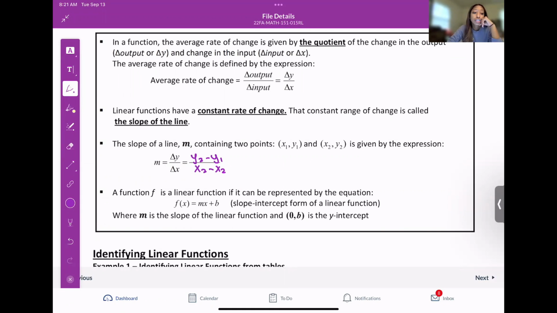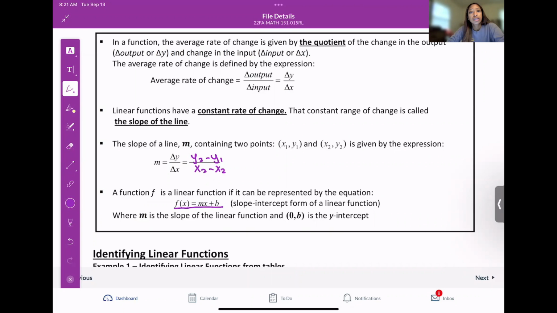All right, a function f is a linear function if it can be represented by the equation f of x equals mx plus b, or y equals mx plus b, or we're using function notation, so we say f of x. This is called the slope-intercept form of a line. M represents the slope, y2 minus y1 over x2 minus x1, and b represents the y-intercept, or the horizontal intercept, I'm sorry, vertical intercept, where the graph crosses the y-axis, okay?